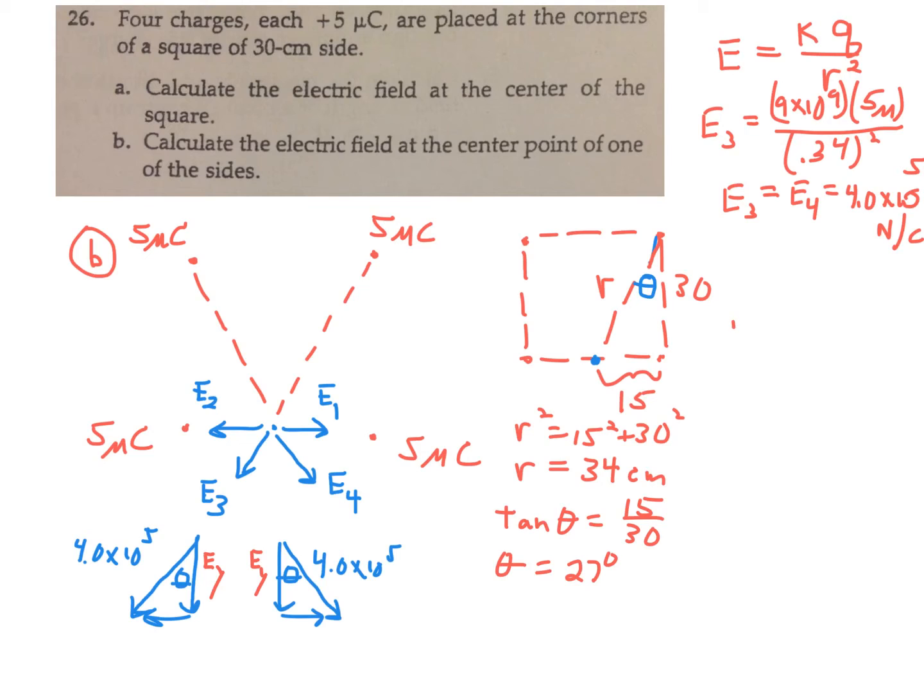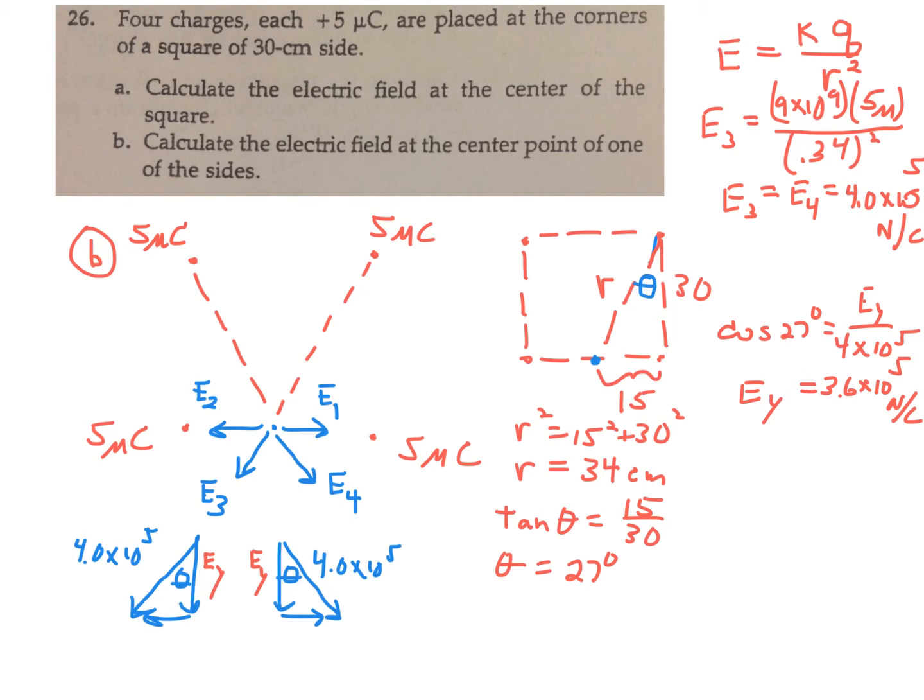So cosine of 27 degrees will equal the adjacent leg, the E sub y that I'm looking for, divided by 4 times 10 to the 5th. All right, I go to my calculator. E sub y for both of those blue vectors on the lower left is 3.6 times 10 to the 5th newtons per coulomb.